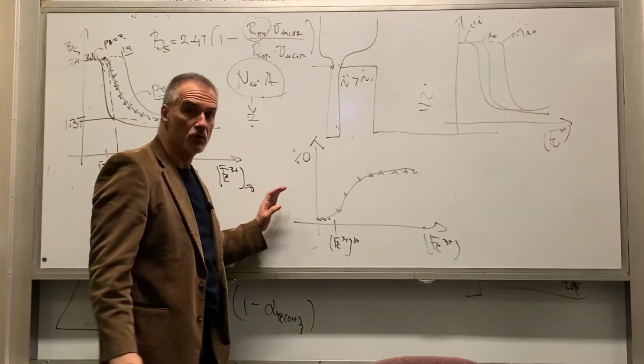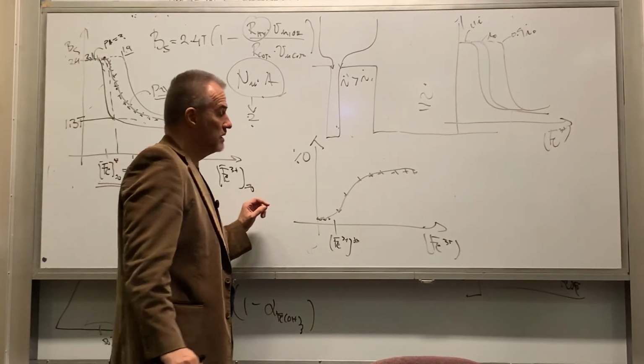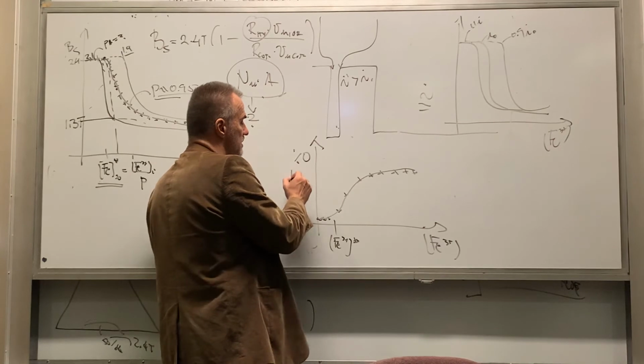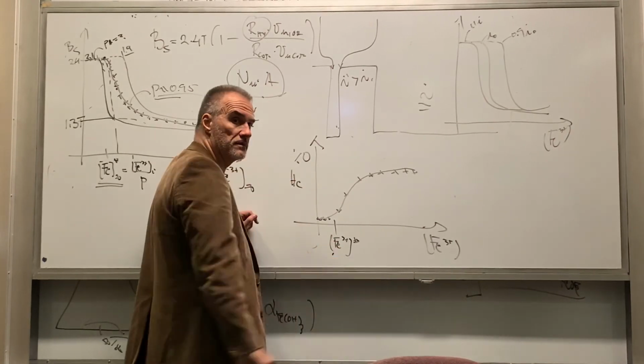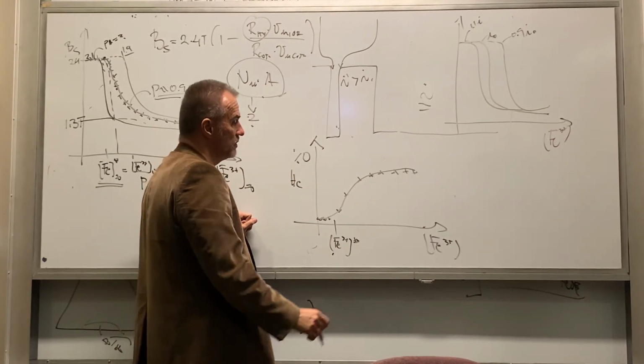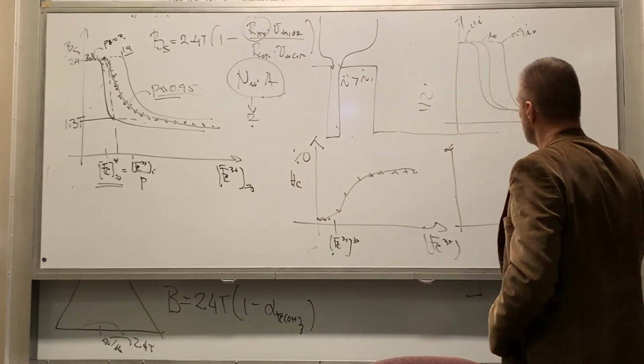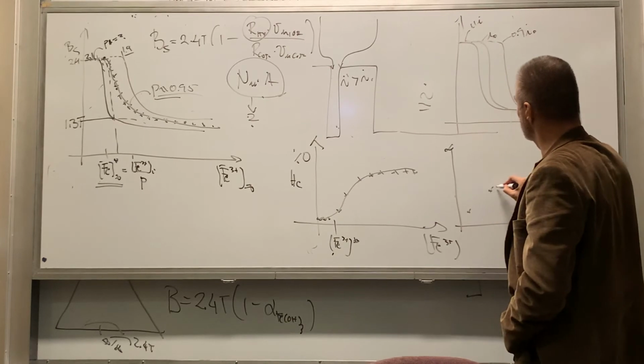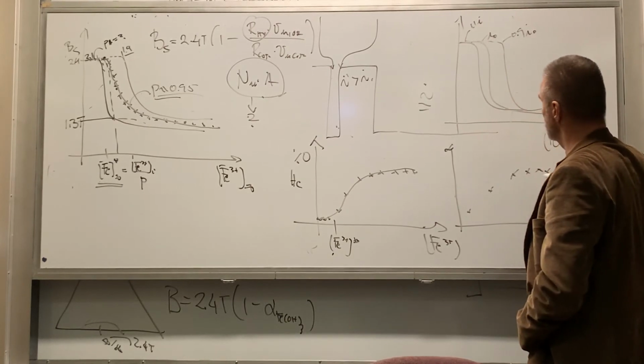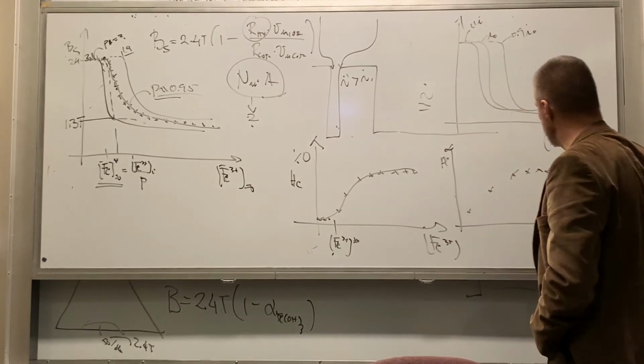Then, which is really cool, is that you can plot coercivity as a function of iron 3 content, and coercivity will be actually showing you this kind of a behavior. Okay, this is coercivity and this is iron 3.